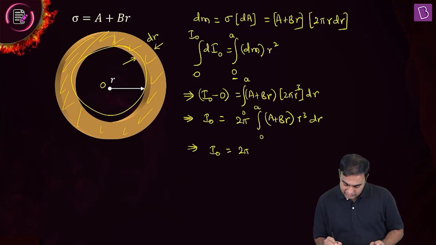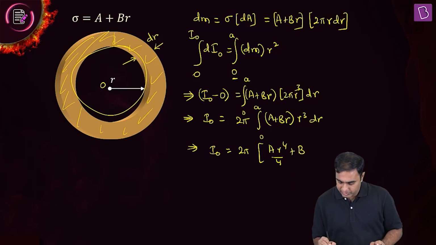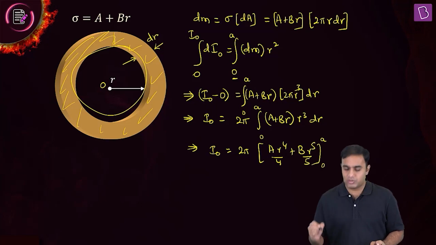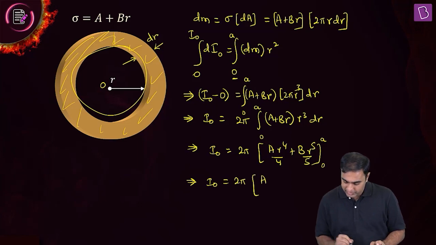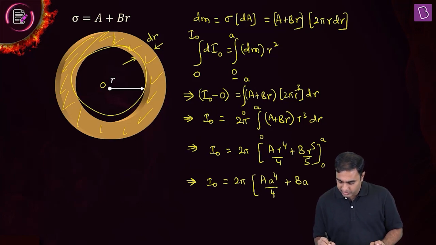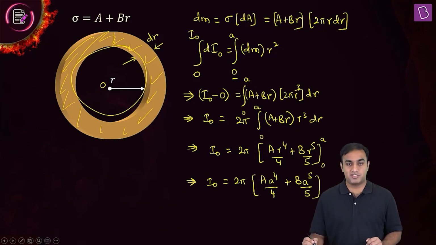We will get, for the first term, A into r to the power 4 by 4. For the second term, B into r to the power 5 by 5 within the limits, of course. Now, substitute the limits and simplify. You get 2 pi into A into small a to the power 4 by 4 plus B into small a to the power 5 by 5 after substitution.